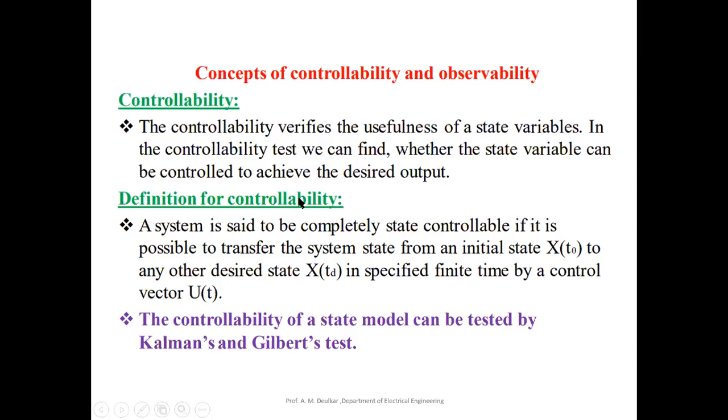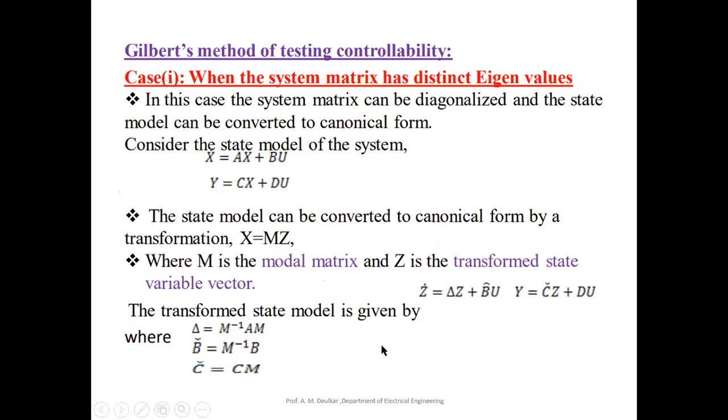So the system is said to be completely controllable when, through any input vector u, all the states can be transferred from the initial state value x of t0 to the final state value x of tf in a finite specified time. That is what we call the definition of controllability. To check whether the system is controllable or not, we have Kalman's test and Gilbert's test. First we'll discuss the Gilbert test.